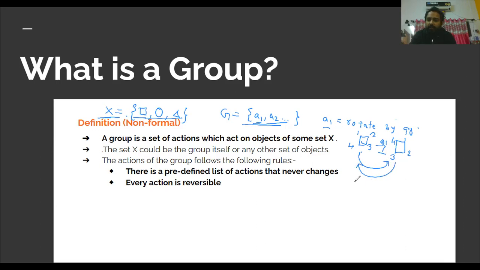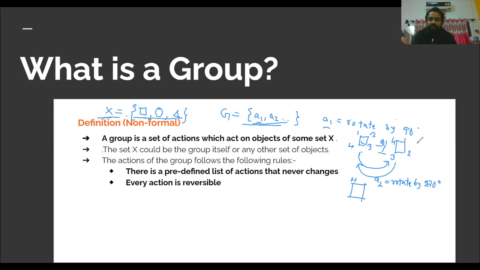How do we do that? We have another action which will rotate anti-clockwise, which will rotate clockwise by say A2, which will rotate by 270 degrees, right?